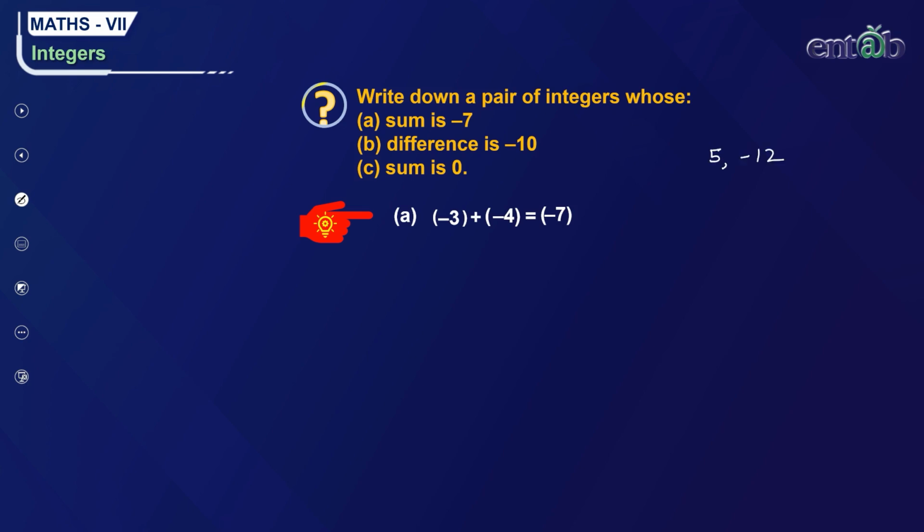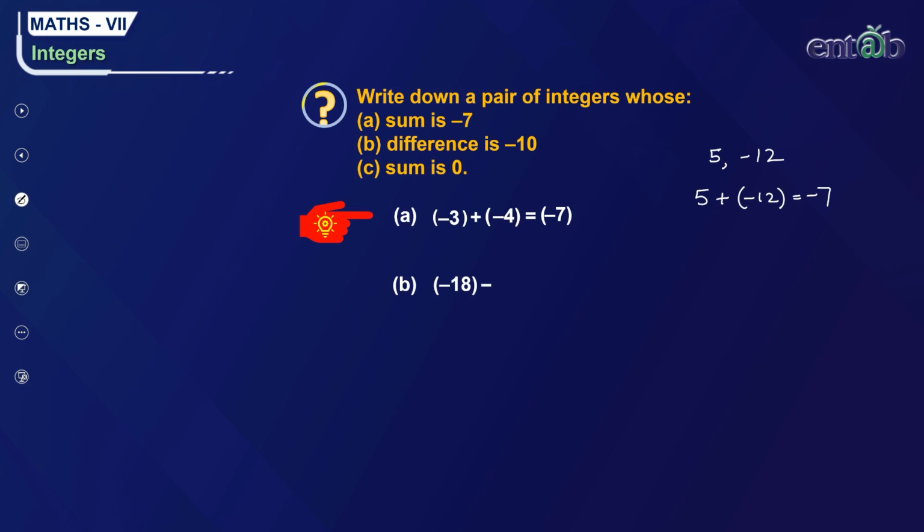Let's add them together. What is 5 plus minus 12? That is minus 7. So, this is another pair whose sum is minus 7. You can try out more pairs of integers whose sum is minus 7. Let's look at the next part.